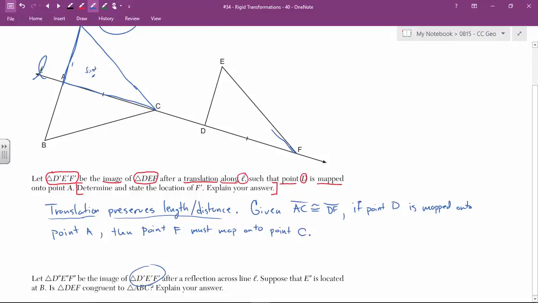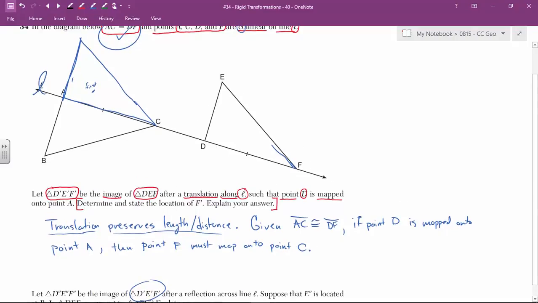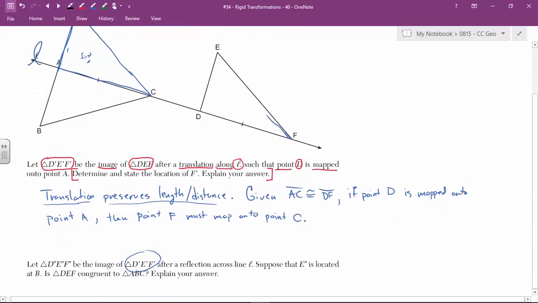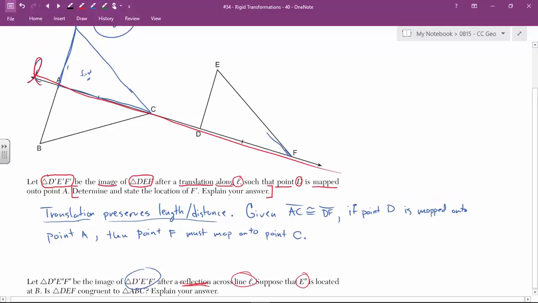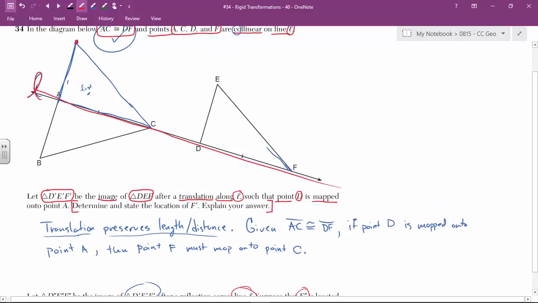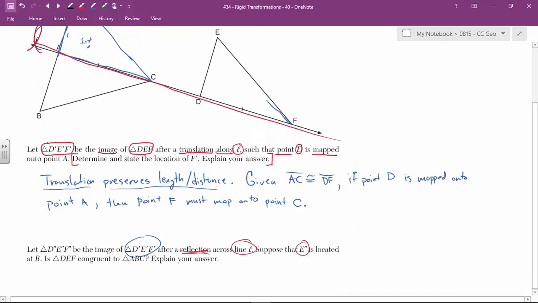They're saying you get the double prime after a reflection. So now we reflect that blue triangle about this red line, and E double prime lands on top of B.